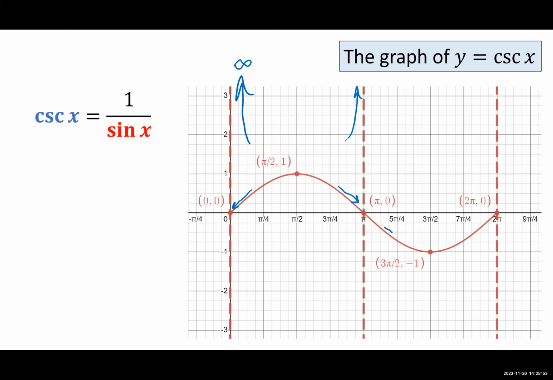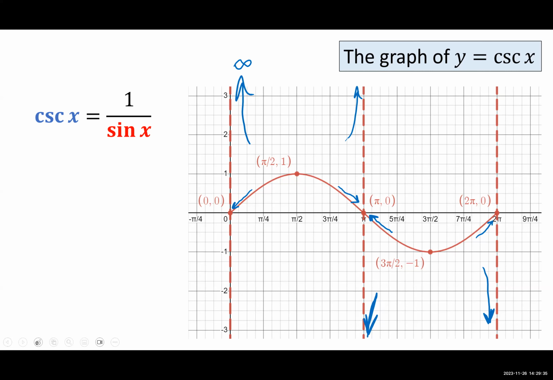Over here, as the y values are getting small but negative, 1 divided by a small negative number is a really big negative, so that's going to negative infinity. And same thing here at 2 pi, as the y values of the sine function get really small negatives, the cosecant function will have y values that are really big negative numbers. All right, so this is the end behavior at each of the asymptotes.